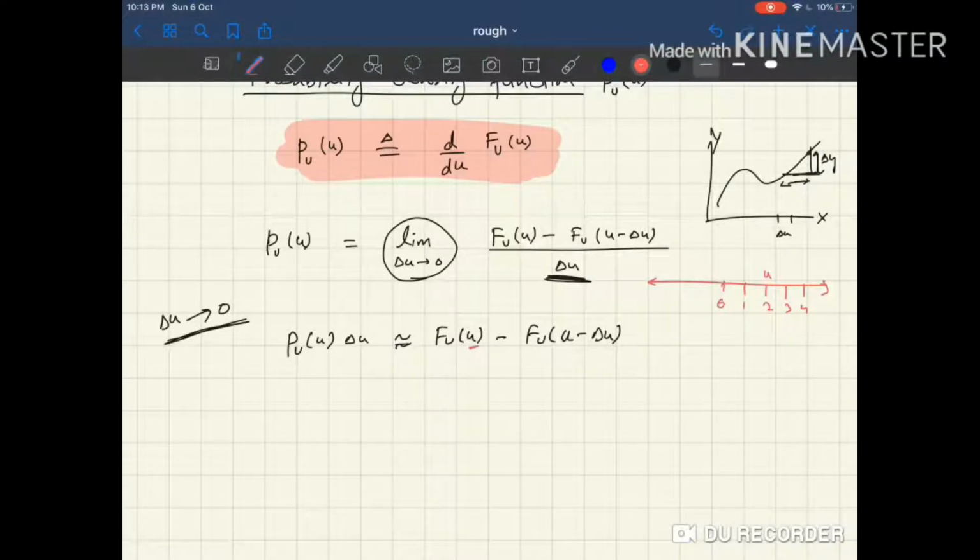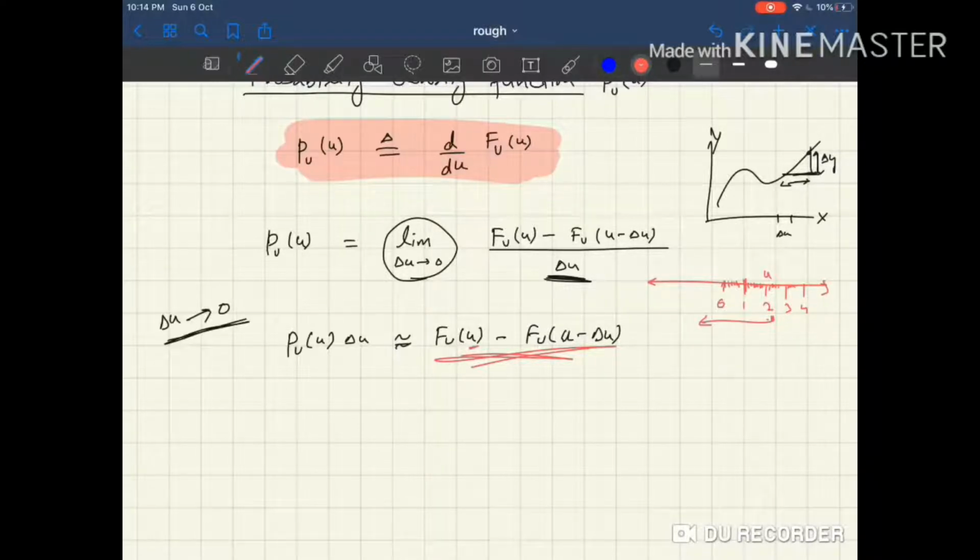So this is the probability of having values less than or equal to 2. And suppose delta u is very small. This is a discrete example, so we'll take a discrete form of this definition, but actually this is for a continuous one. So your small u consists of many points in a continuous way.